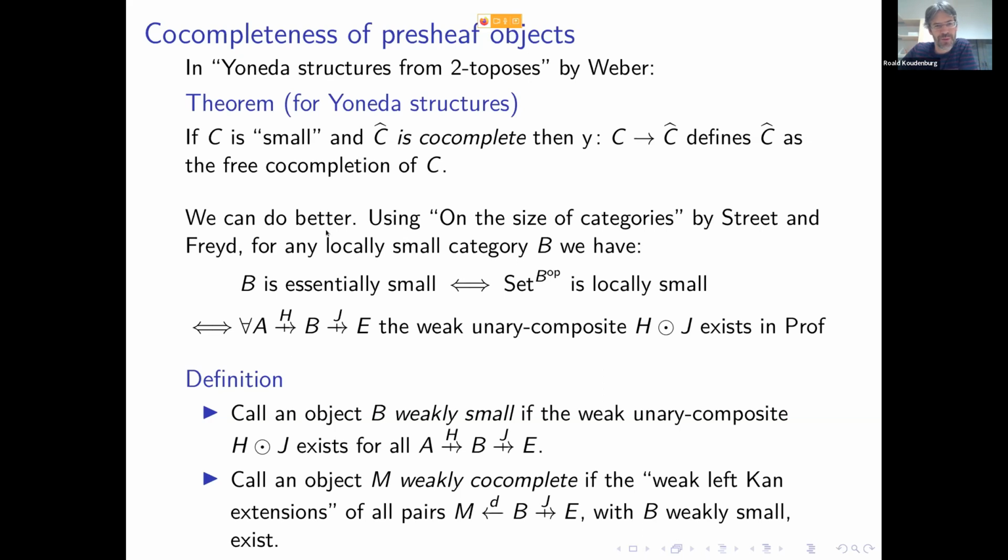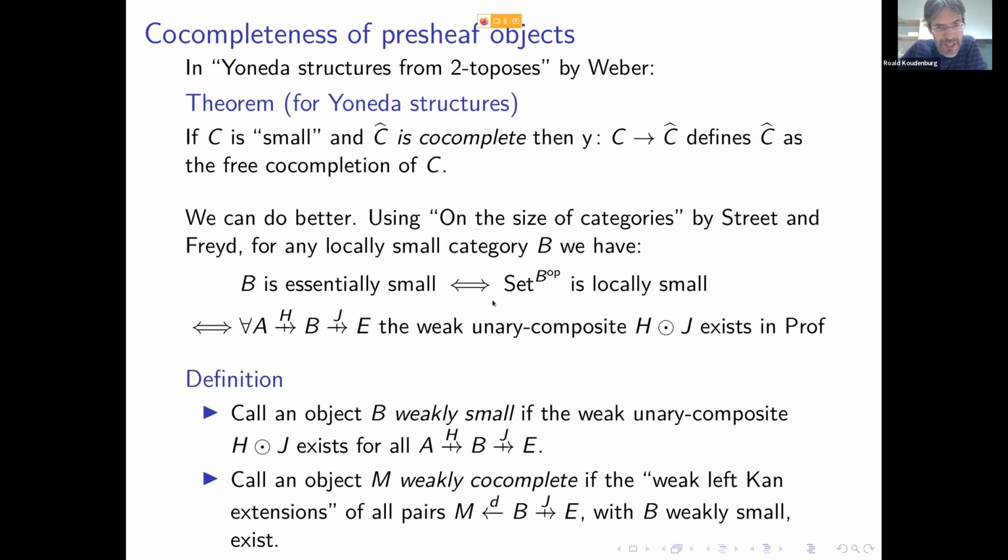What we do is we formalize a classical notion of Street and Freyd. They prove that for any locally small category B, we have the following. B is essentially small, that means it is equivalent to a small category, if and only if its category of presheaves is locally small.